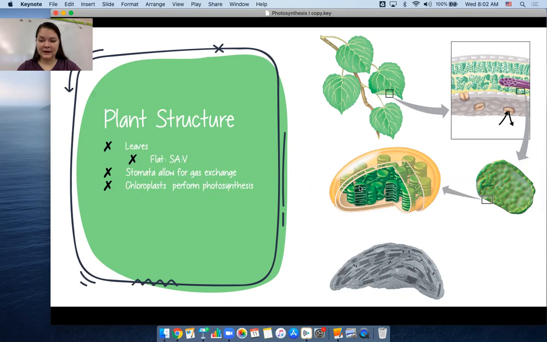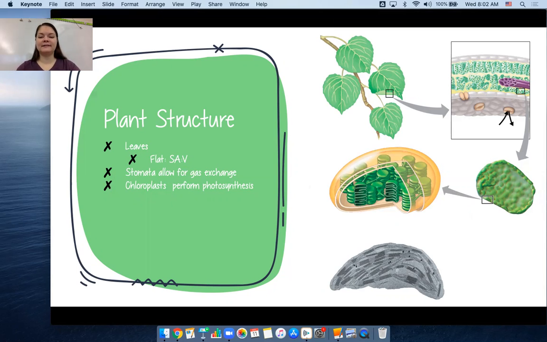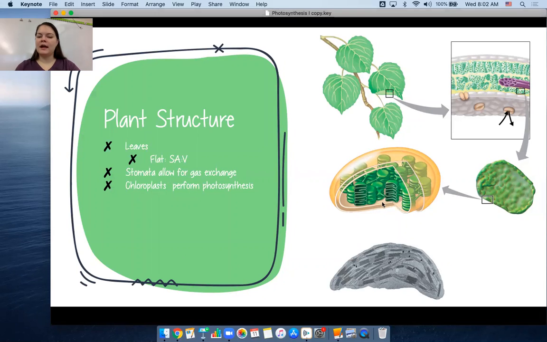So if you see here, all of these little folded bits are called thylakoid membrane. Each of these little coin-looking things is a thylakoid, and they form stacks called granum, plural grana, singular granum. And essentially, what used to be the prokaryote's cytoplasm within this chloroplast is now referred to as the stroma.